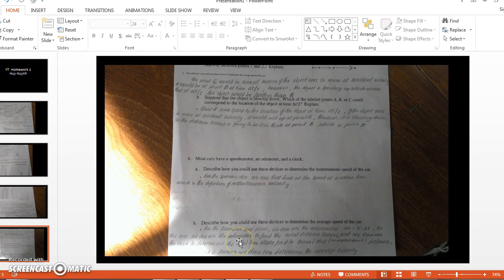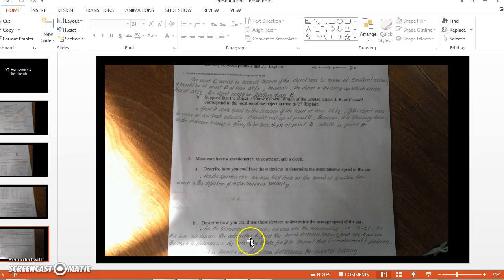Part B, describe how you could use the devices to determine the average speed. To determine the average speed, you need the formula delta x equals v multiplied by delta t.